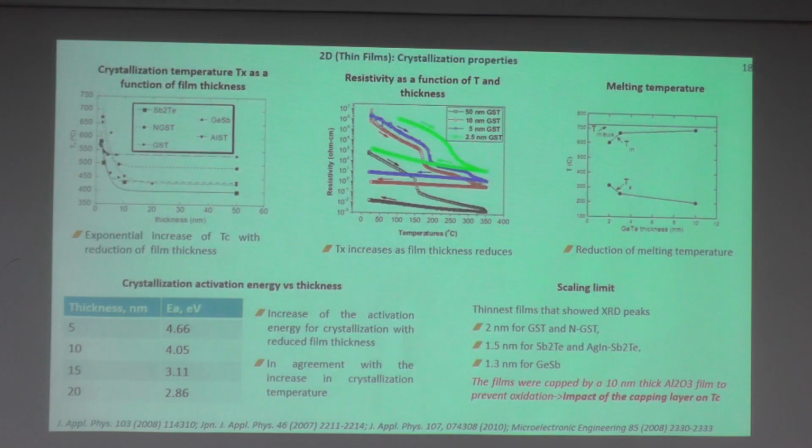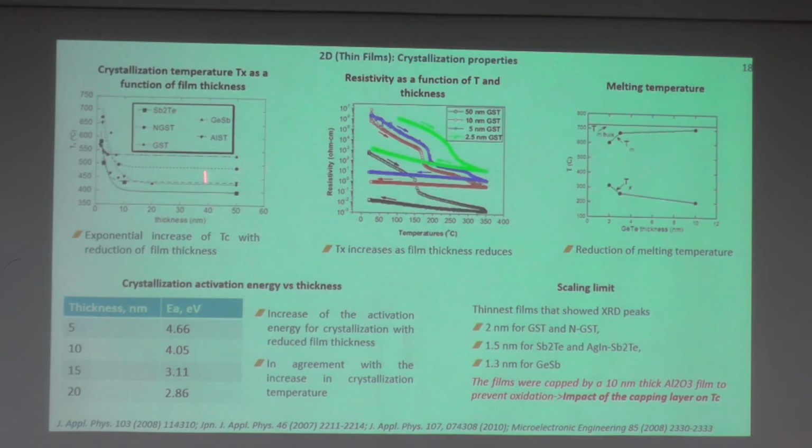So now let us look at 2D materials like thin films, and their crystallization properties. For thin films, as for nanowires and nanoparticles, there is also a dependence on the crystallization temperature. It increases as the size decreases.